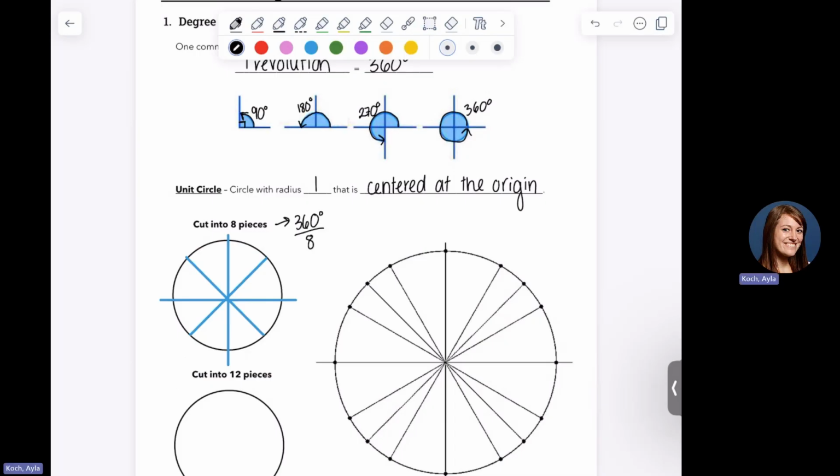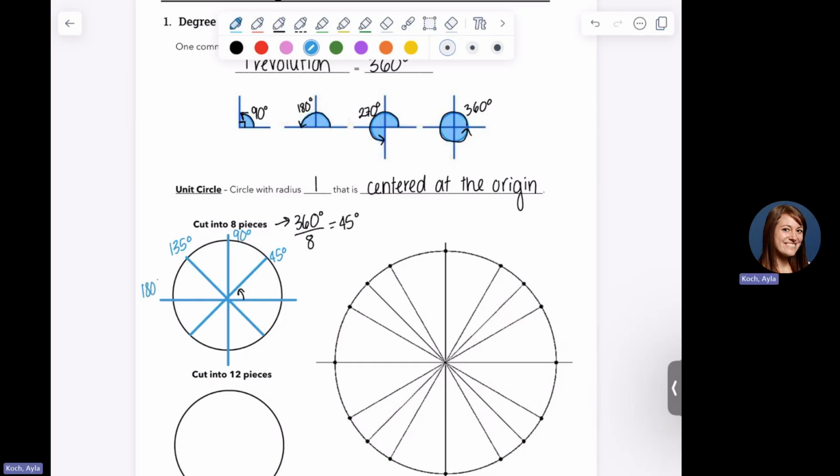If you cut 360 degrees into 8 pieces, you end up with 45-degree chunks, segments, if you will. So this very first angle right here would be 45 degrees. The next one, you would add another 45, you'd have 90 degrees. If you add 45 to 90, you have 135 degrees, which means that this entire angle here would be 135 degrees.